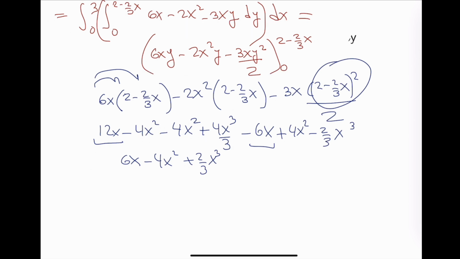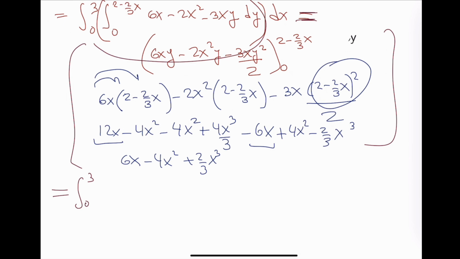So now putting everything in the integral that we were calculating, we have that this is equal to the integral between 0 and 3, and all this one here is the result that we got here. So it will be just 6x minus 4x squared plus 2/3 x cubed dx, right?